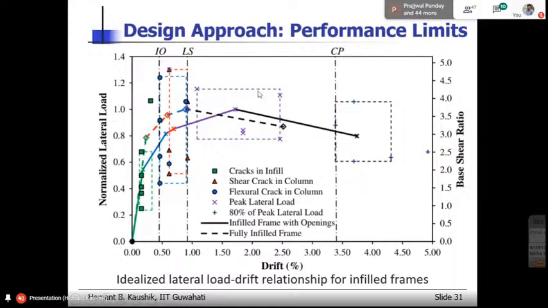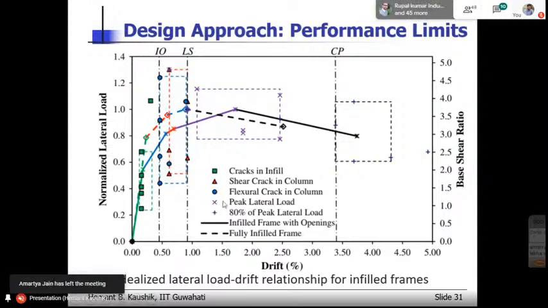So these points here represent, and you can see different colors also, the green points, which represent the cracks in the infill. Then the red triangles represent shear cracks in the column. So you can see where the shear cracks are forming, at what drift levels, in this zone.